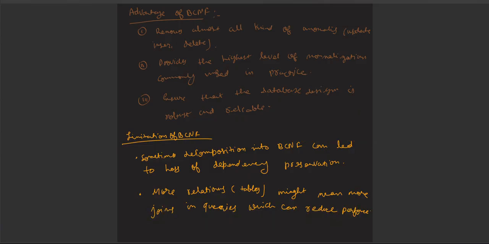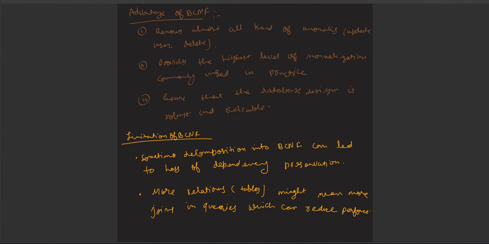It removes all anomalies not handled by 3NF. In 3NF some anomalies can be there, but in BCNF it removes all the anomalies, and it is widely used for clean and consistent database design. I hope I am clear with this.